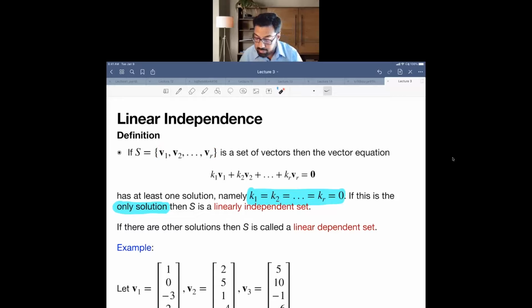Can you guys think of a matrix which has a linearly independent set of vectors? This is a special matrix we have seen before. Zero matrix? No. The zero matrix is all 0, so they are all the same point.